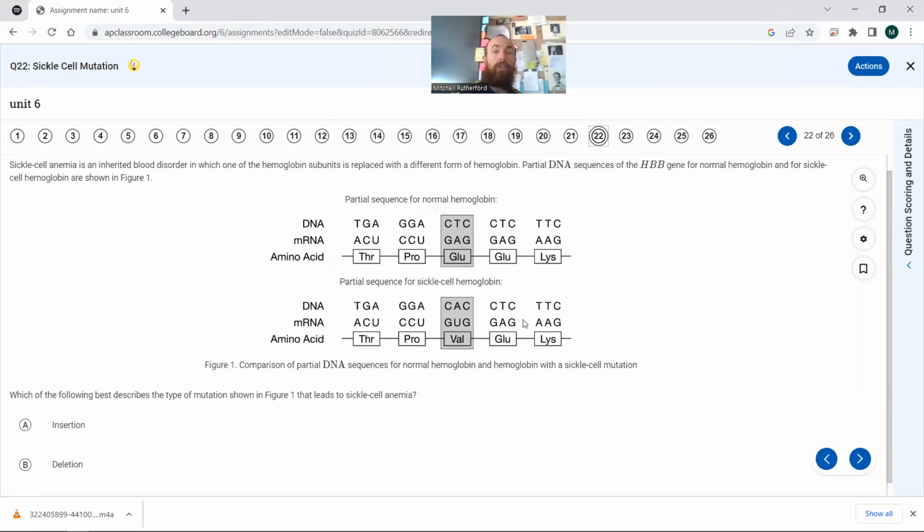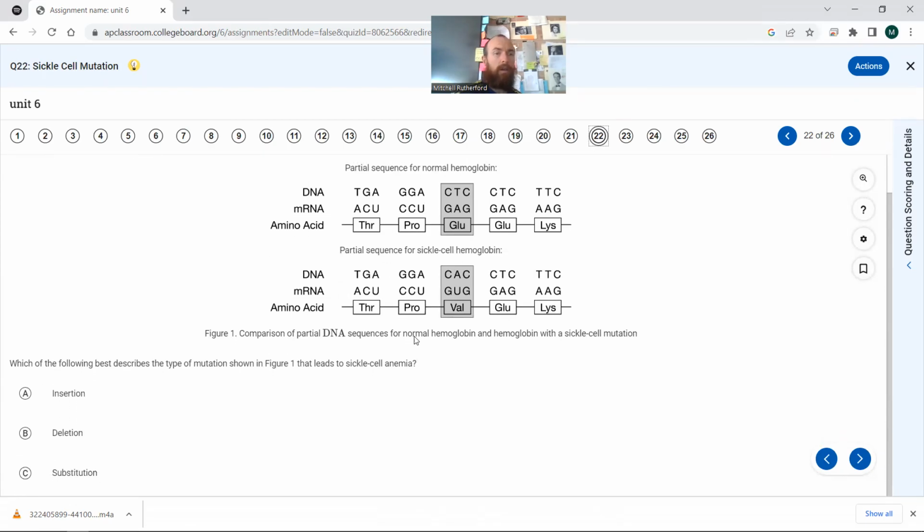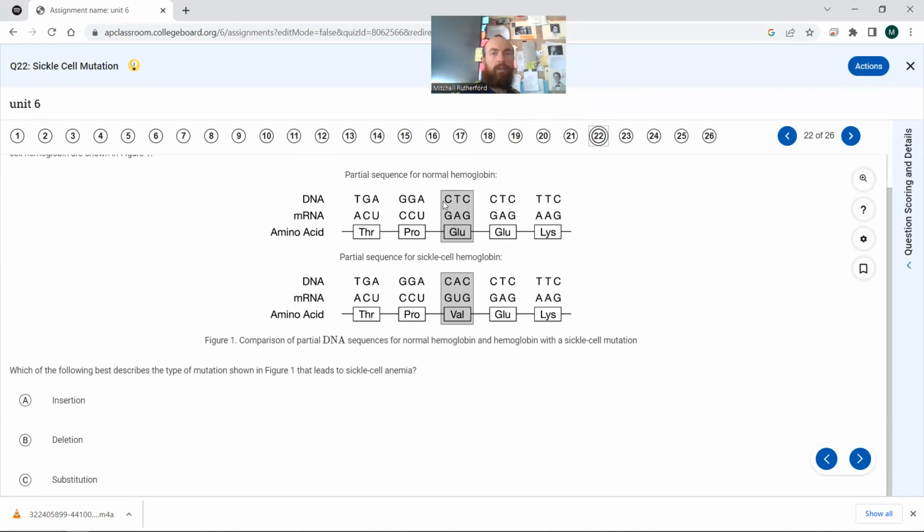Okay. 22. This should look very familiar as protein synthesis. So which of the following best? Oh, I'm seeing insertion, deletions, mutations. Great. So let's look up here, and they're even highlighting it for us. The DNA said CTC, and then the DNA in this one says CAC. We know it's a mutation. It says mutation. The first one is normal.